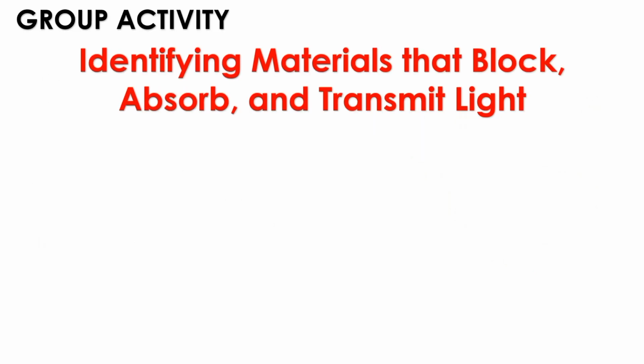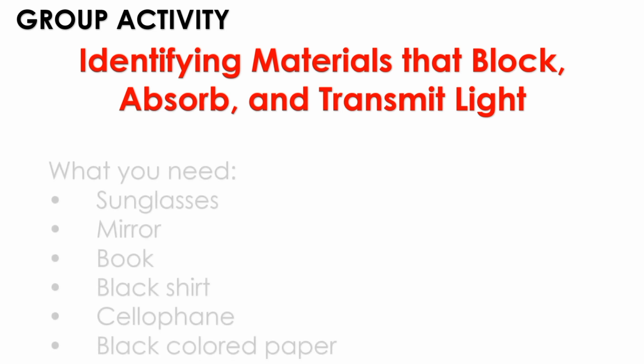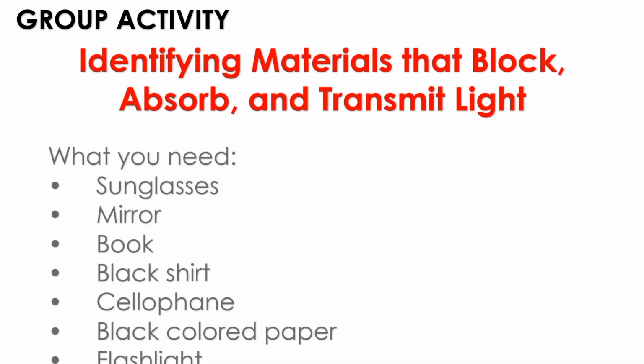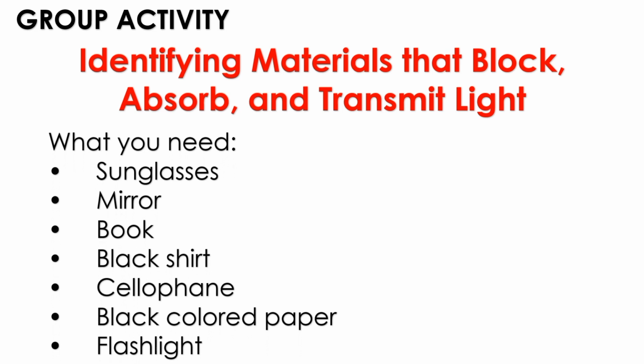Alright, so group activity. Identifying materials that block, absorb, and transmit light. What you need: sunglasses, mirror, book, black shirt, cellophane, black colored paper, and then flashlight.